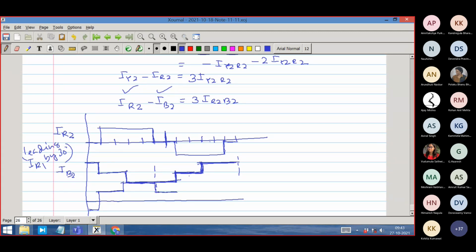So you are seeing the steps, new steps are coming. You are seeing that more steps are coming in this waveform, and then it is going here and going negative.